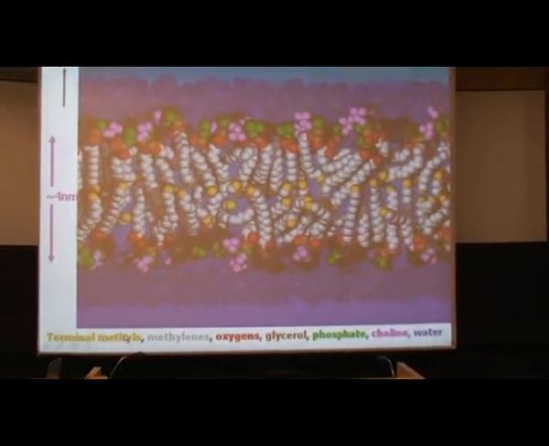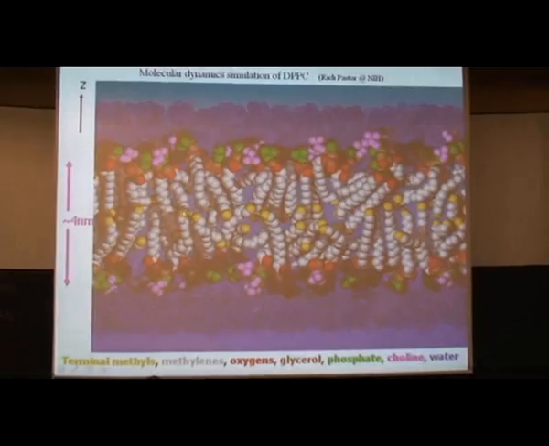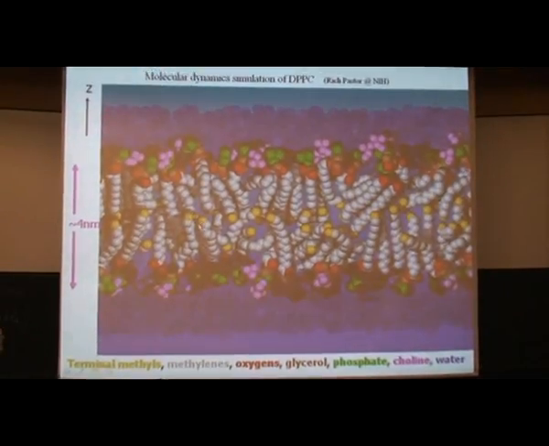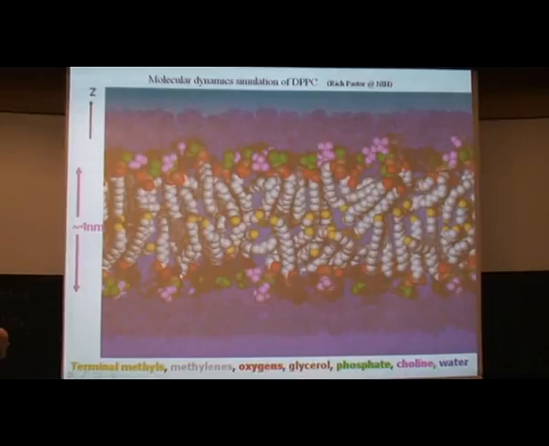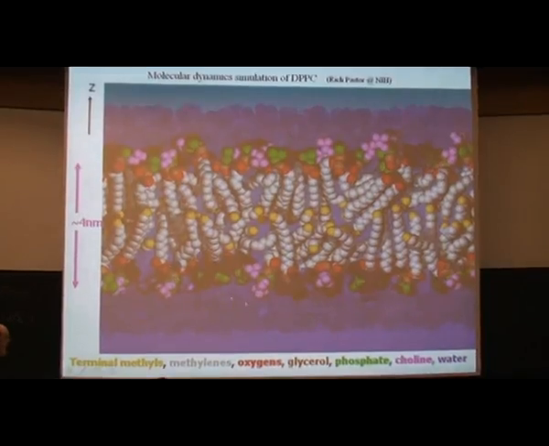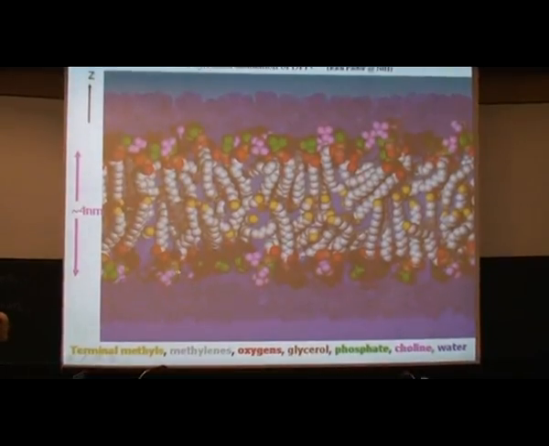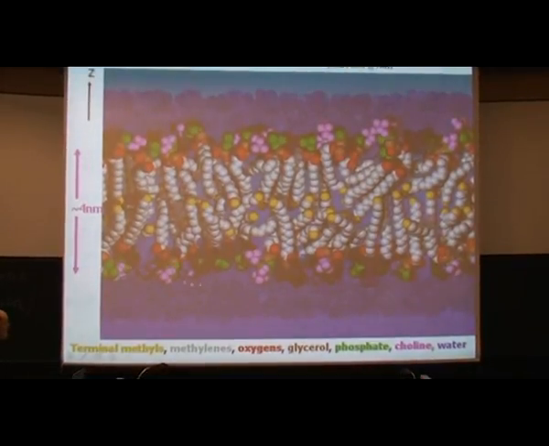So the color code down here is that these are the ends, the so-called terminal methyl groups. These are the CH2 groups that I emphasized on the last slide. And then there are all these things in the backbone. The oxygens are red. The glycerol is brown. The phosphate group, which is very important, is the green part. Choline is near the end.